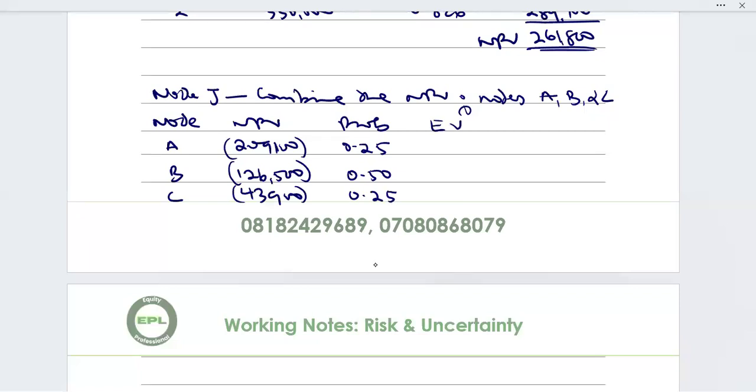So 209,100 multiplied by 0.25 equals 52,275. Negative 126,500 multiplied by 0.5 is 63,250.